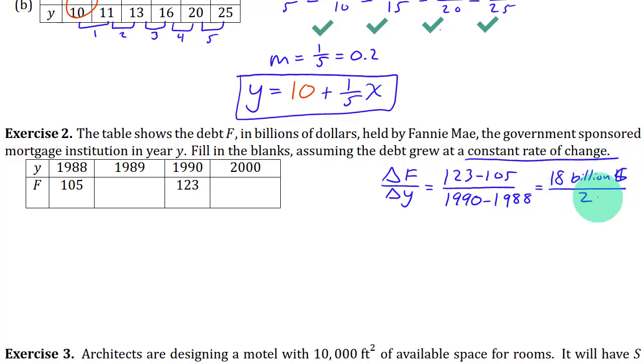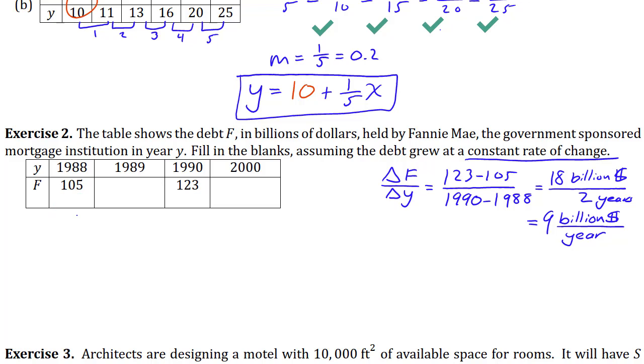Divided by 2 years. So that constant rate of change is 18 divided by 2, which is $9 billion per year. So the debt that they own, that people owe them basically, is increasing at a rate of $9 billion per year.